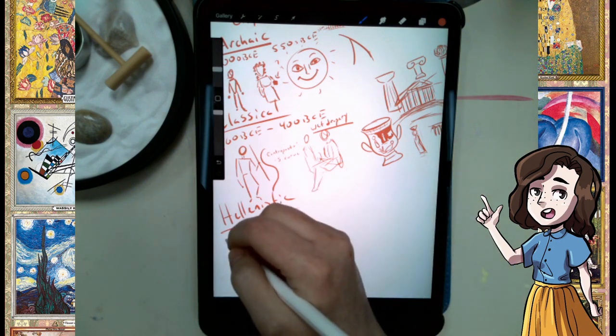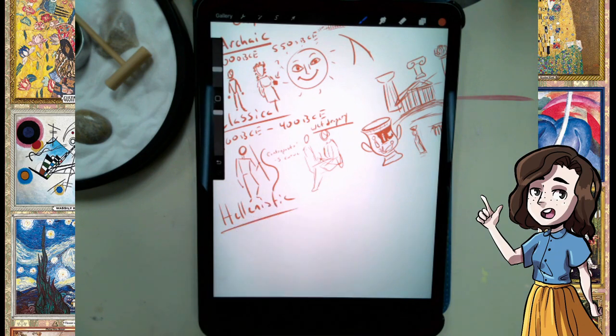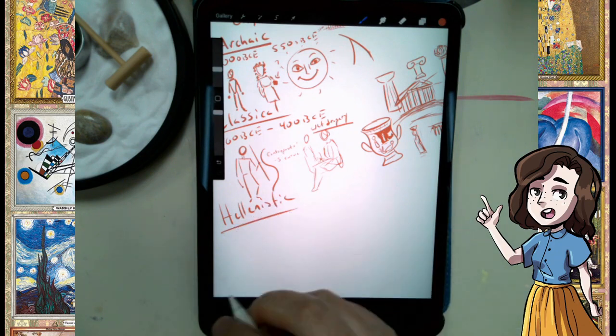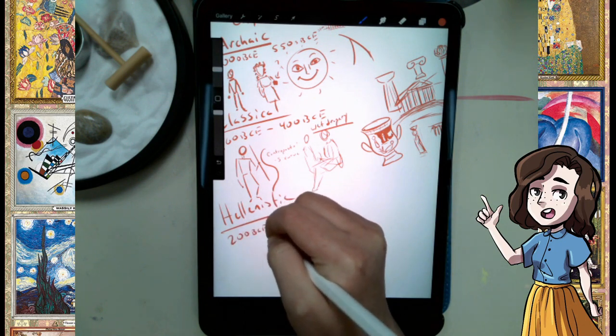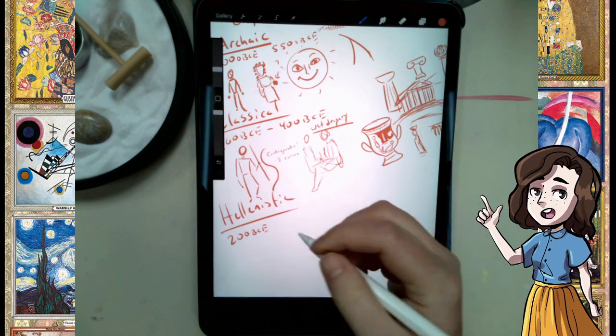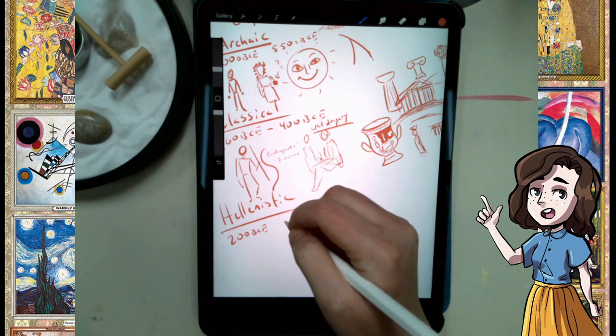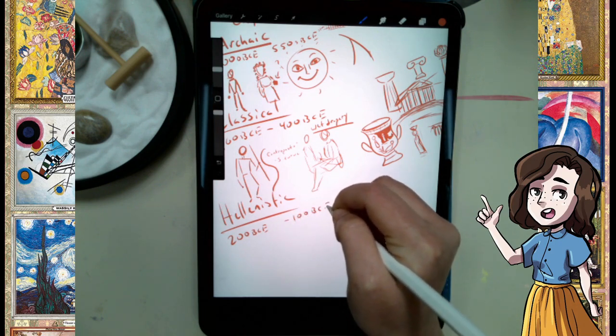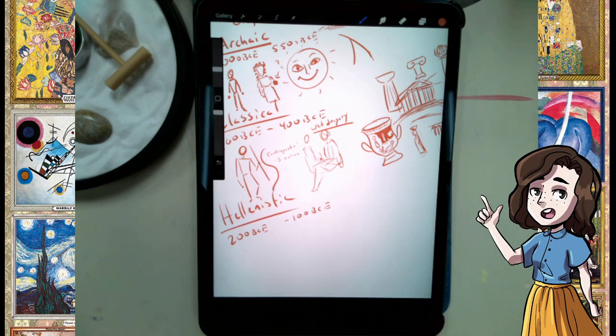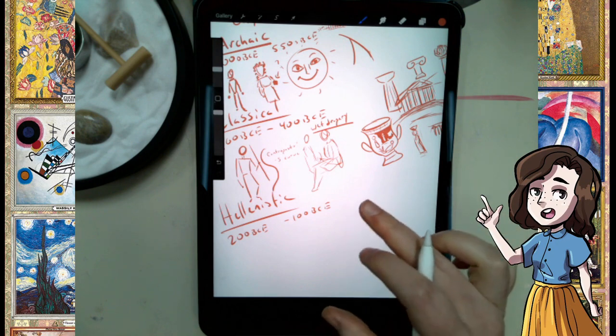So we get our Hellenistic time period around, I don't know, we're going to put it 200 BCE right up to the fall of Greece, pretty much. So I'm going to say 100 BCE, but you can make that 50 BCE. Greece doesn't last too much into the CE zone.